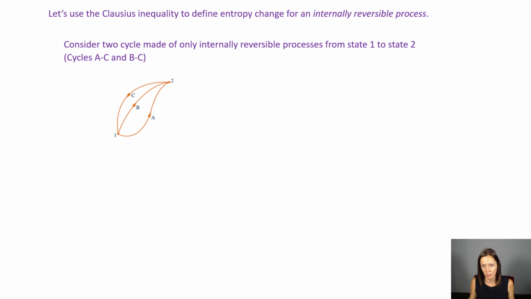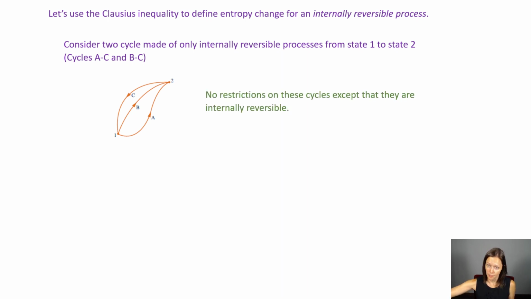We're not really worrying about the surroundings. The only restriction on this is that they're reversible. There are no irreversibilities within our system. So if I wanted to define that cyclic integral for the first cycle, AC, I'm looking from 1 to 2 along path A, and then from state 2 to 1 along path C.